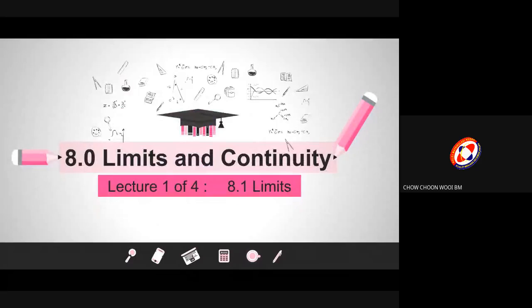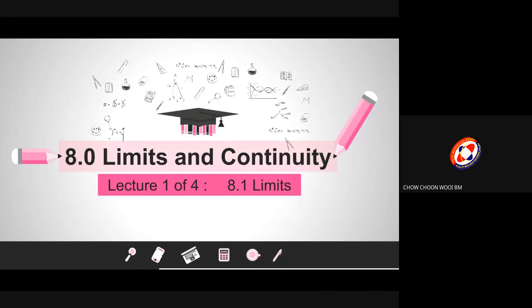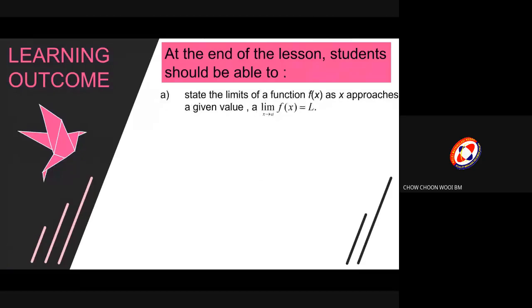So limits and continuity. If you look at this one, this is lecture 1 out of 4, which is 8.1 limits. So learning outcomes here, at the end of the lesson, you should be able to state the limits of a function. Nyatakan limit of a function lah.